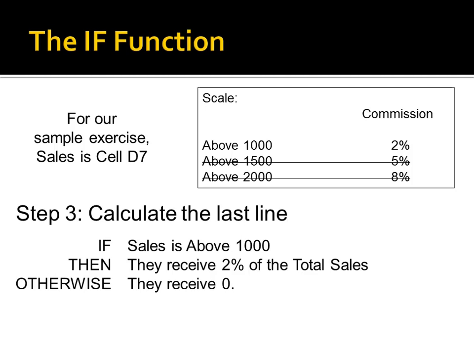If they don't, nothing. Our function is equals if paren D7 greater than equal 1,000, comma, D7 times 2%, comma, 0. Is D7 greater than or equal to 1,000? If so, then D7 times 2%. Otherwise, 0. So that's step 3.